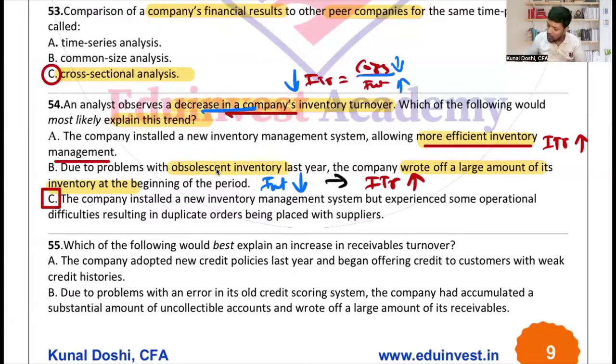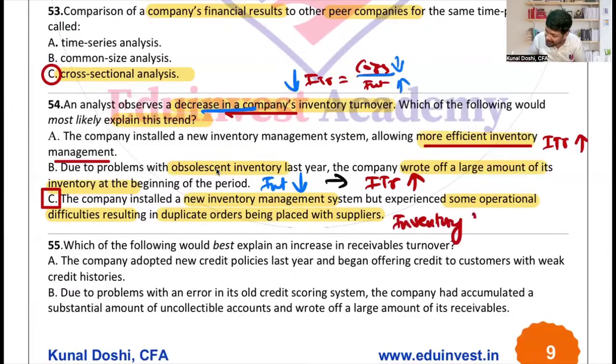Why? Let me tell you. Company installed a new inventory management system but experienced some operational difficulties resulting in duplicate orders being placed with suppliers. Now, due to this, what will happen? Your inventory is counted double. So your inventory counting has doubled.